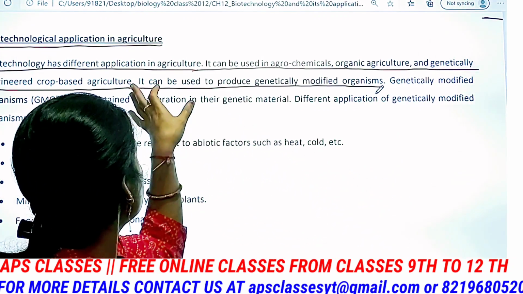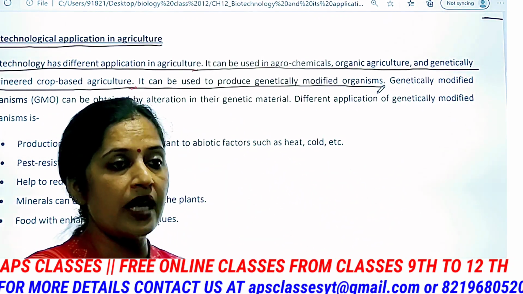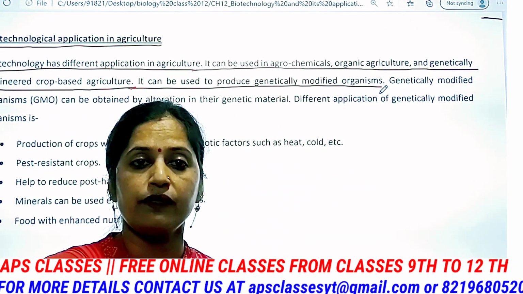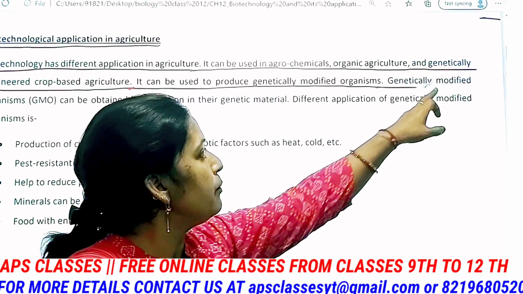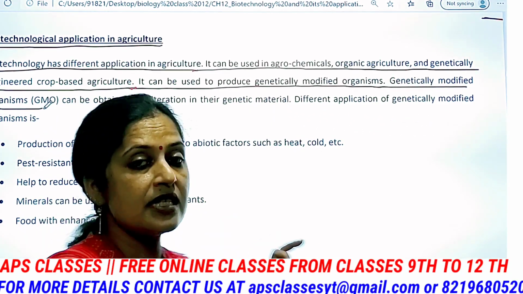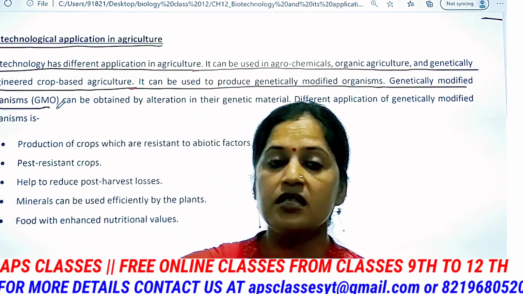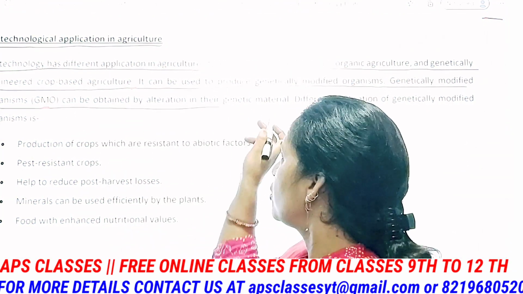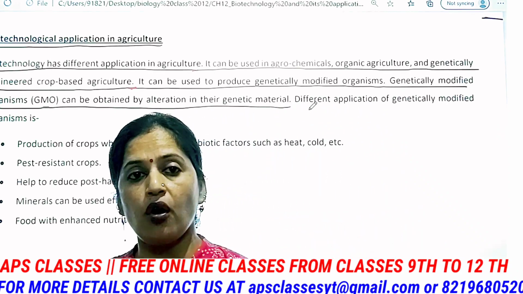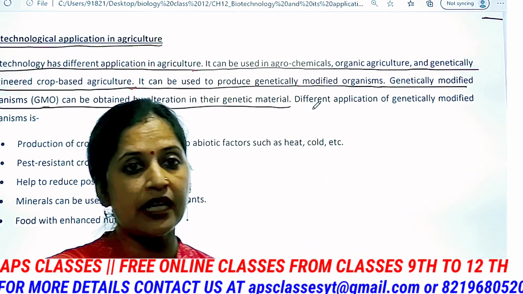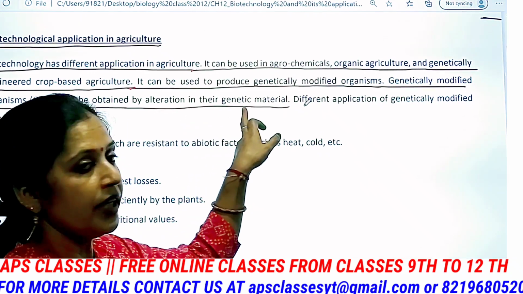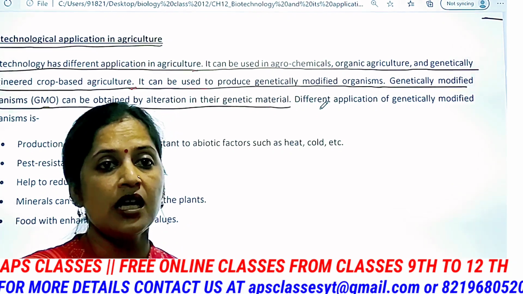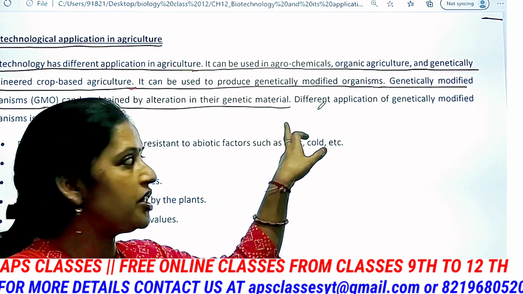Genetically modified organisms, that is GMOs, can be obtained by alteration in their genetic material. How do we obtain them? They can be obtained by altering their genetic material.